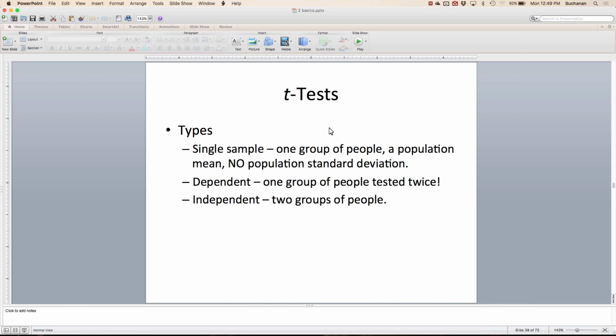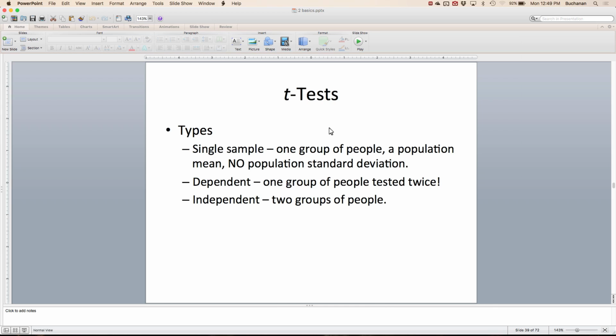Independency is group 1 and group 2. Still has to be continuous. So on these, the IV is categorical. Until we get to correlation anyway.